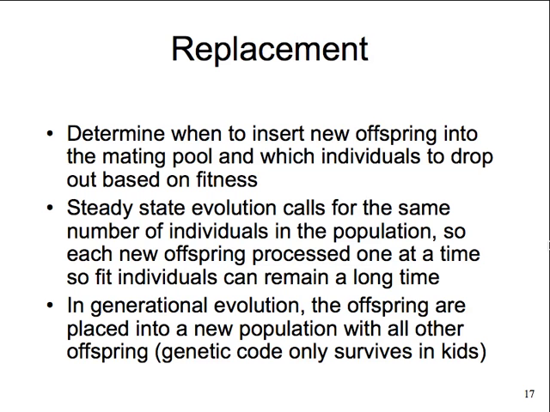And we have replacements. We can replace different combinations, which is similar to mutation in concept, where we replace the solution with something better and get rid of the stuff we don't like. Replacement means determining when to insert new offspring into a mating pool, and which individuals to drop out based on the fitness score.